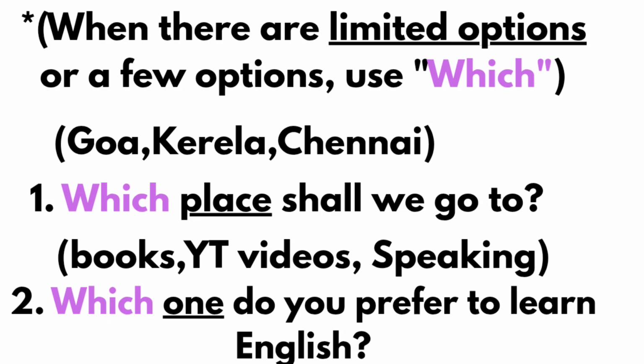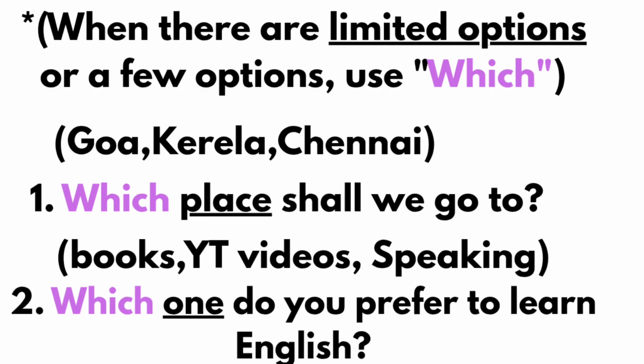These are all nouns. One means books, YouTube videos, speaking. So generally we use one after which, if the listener knows what you are talking about. I hope this is clear.